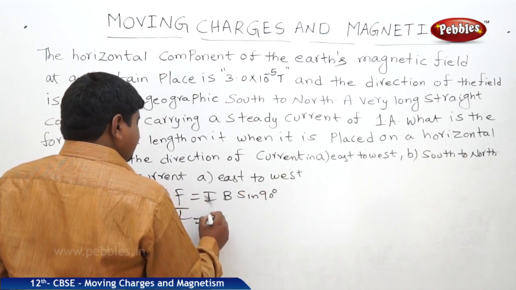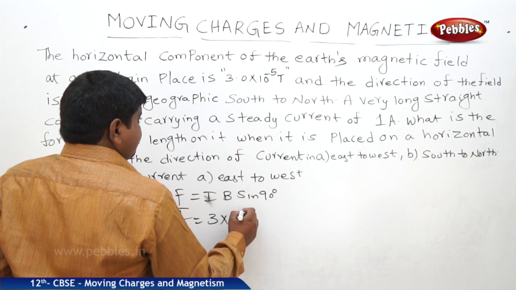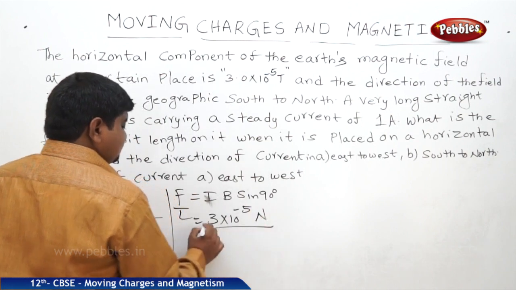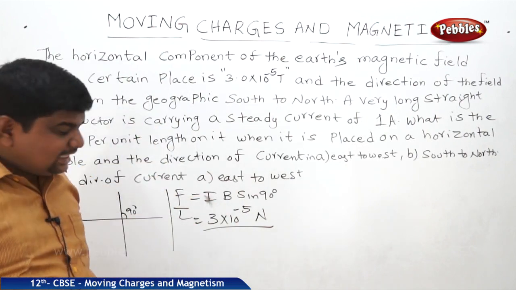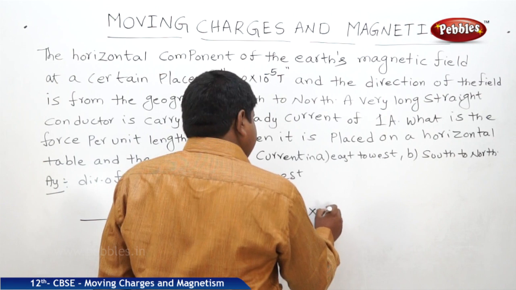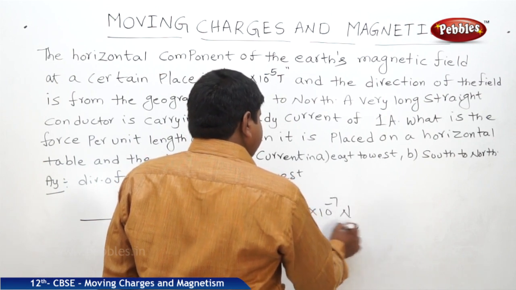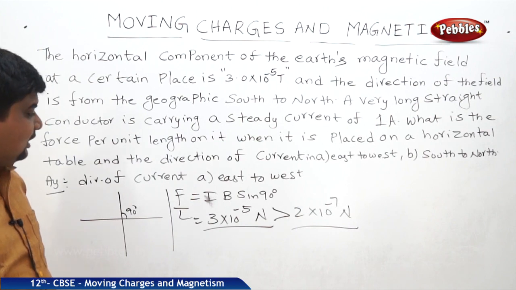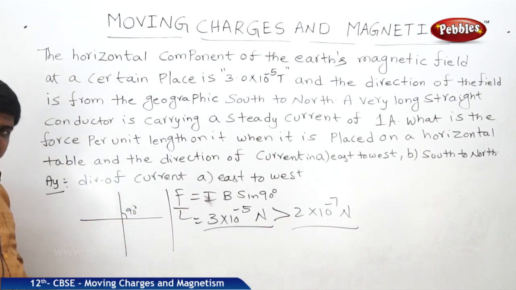Sin 90 is 1 and we will get 3 into 10 to the power of minus 5 newtons of force. So, this force is greater than 2 into 10 to the power of minus 7 newtons. So, we should eliminate the geographic magnetic force direction. So, that is why current direction will be downward.